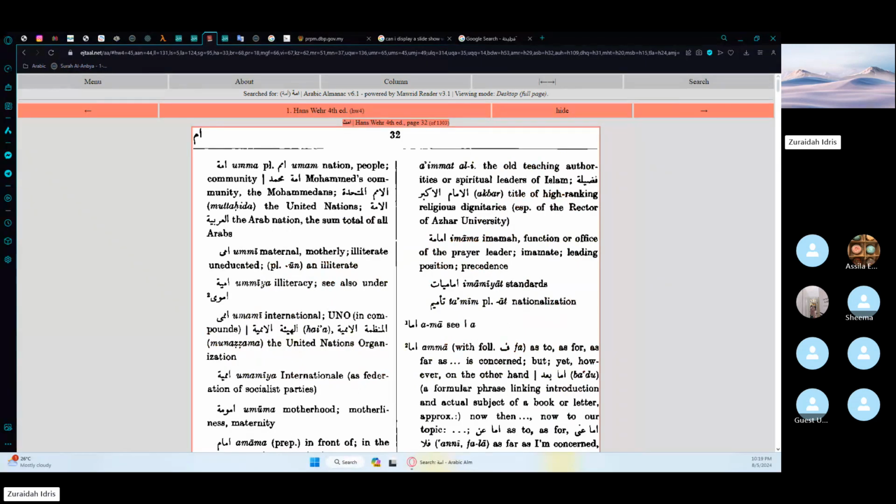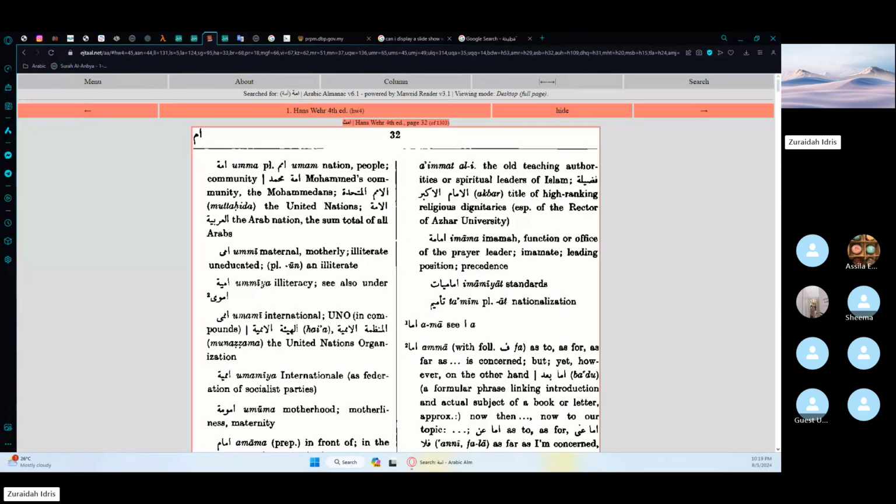Which one is it? Let me see. Okay, it was number 14. Like, I had to look it up because it turned out there was the women, right? This one, the women.